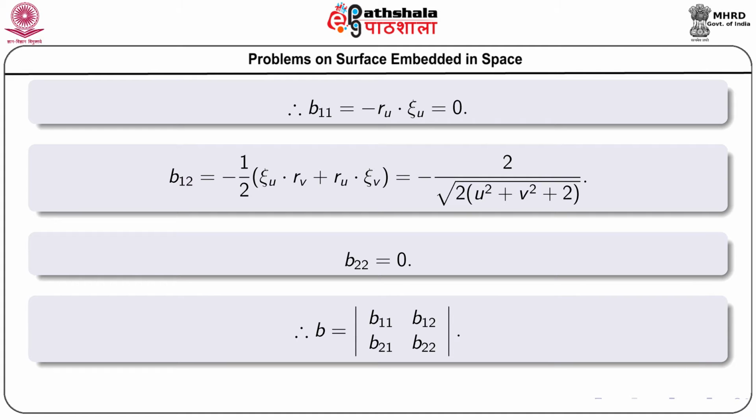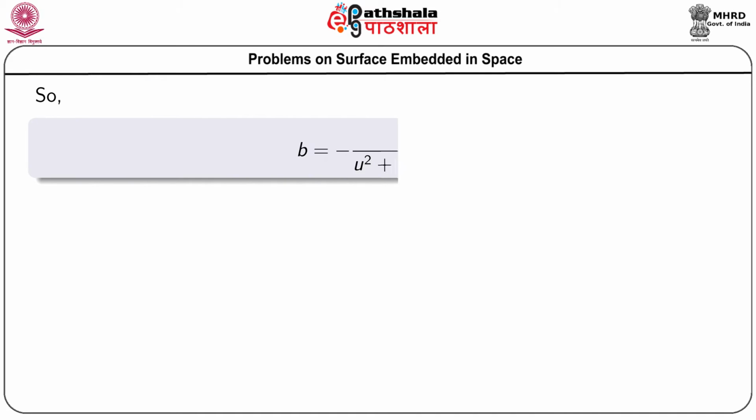So, the determinant of B alpha beta, that is B, is coming to this value, minus 2 by (u square plus v square plus 2). So, we have obtained the two determinants.